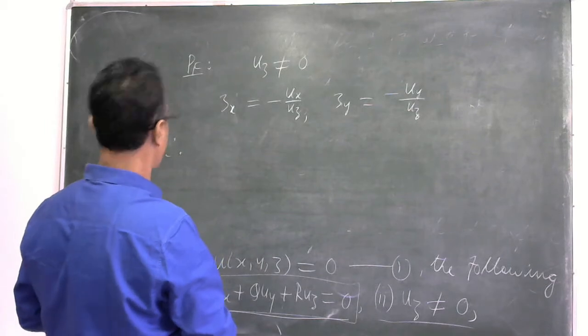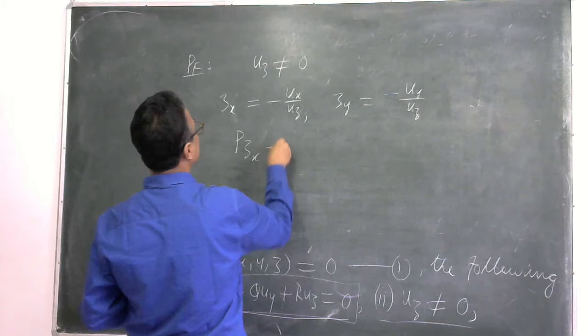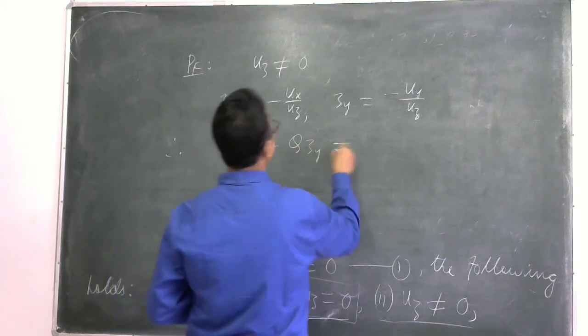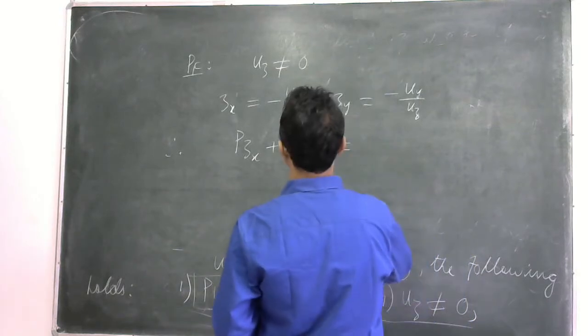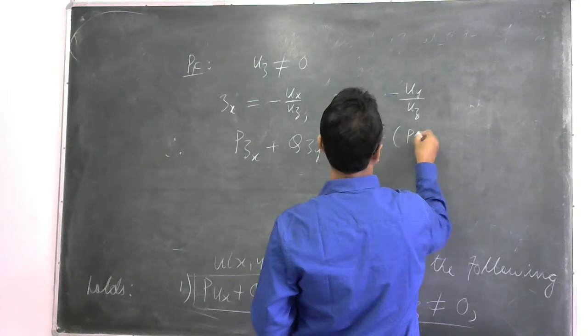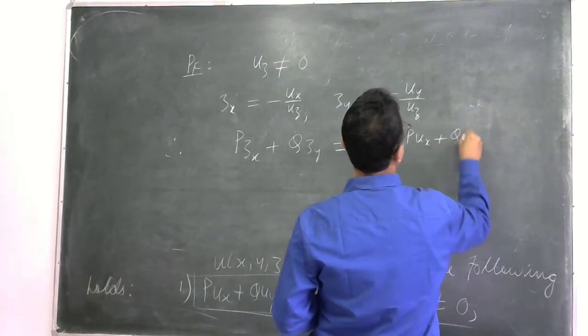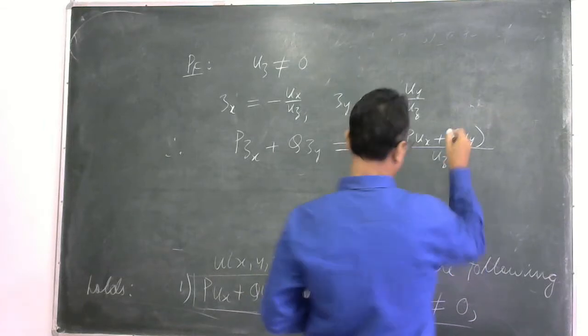So from here, what I get, P z_x plus Q z_y, is going to be minus (P u_x plus Q u_y) by u_z, right?